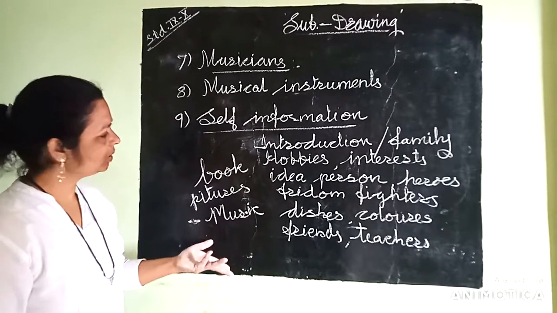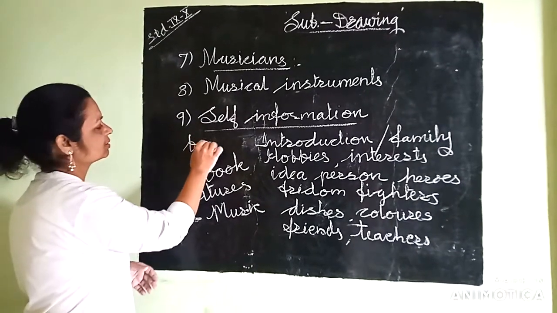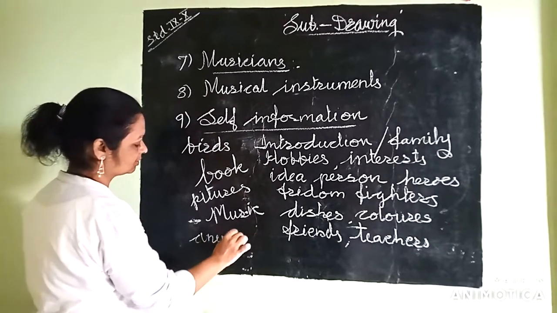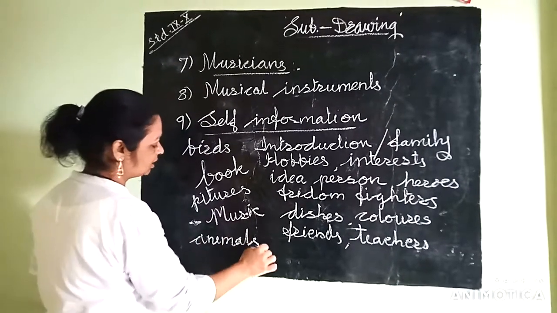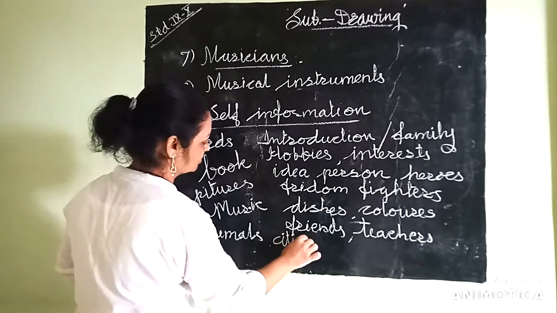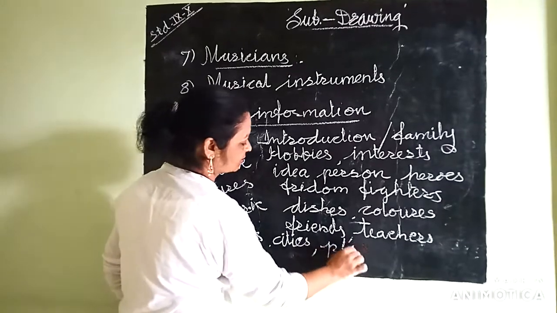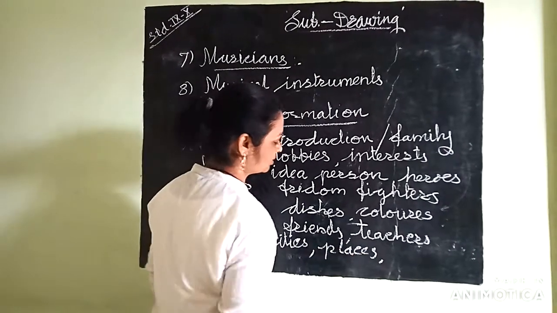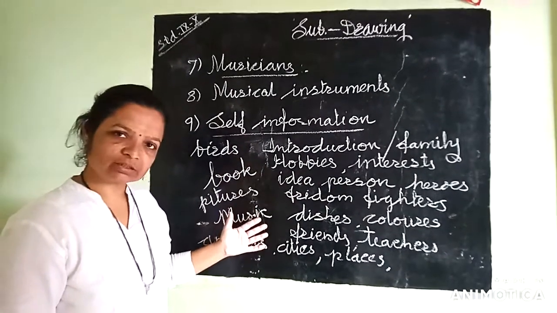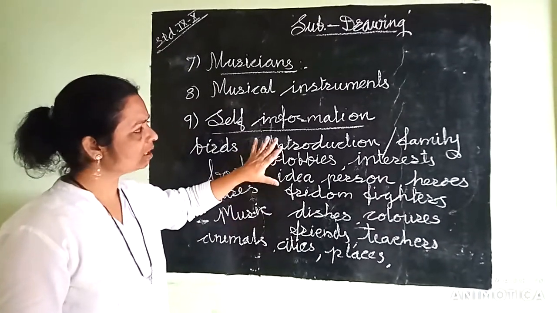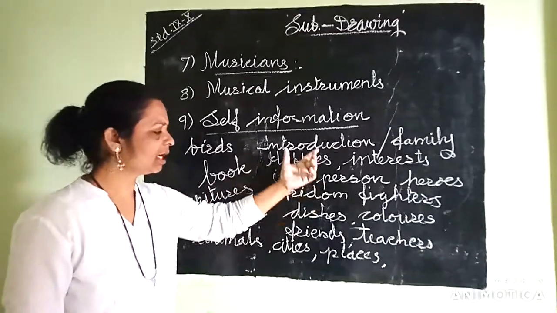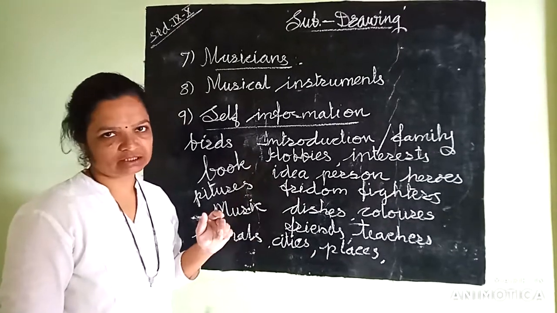So which birds, animals, cities, places. So whatever be it your likeness, you can include in this information. Either write the topic and write down your likeness here.